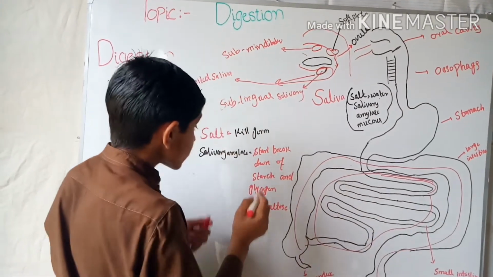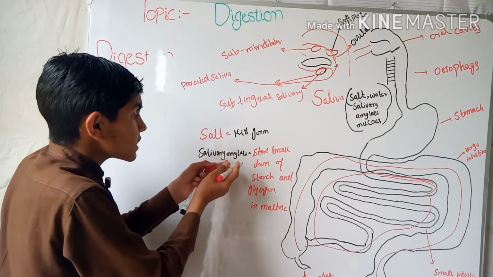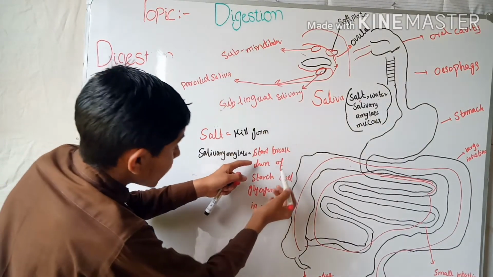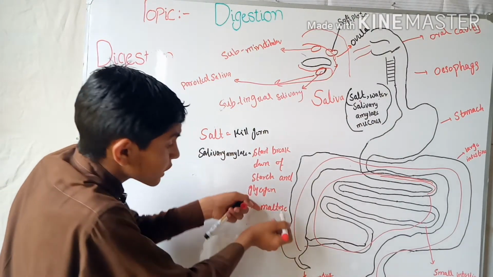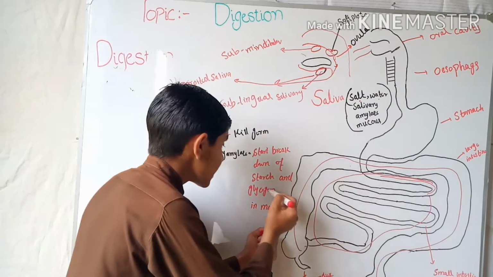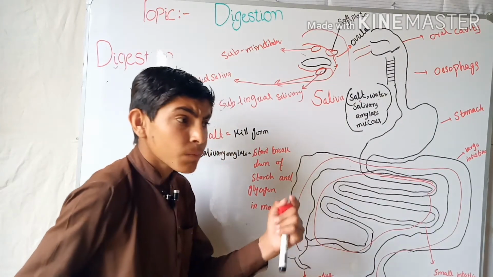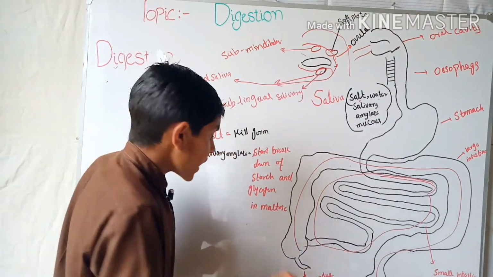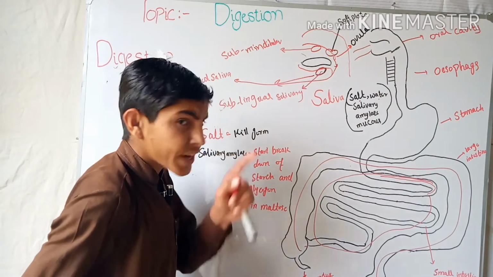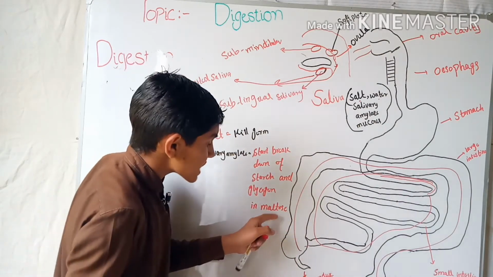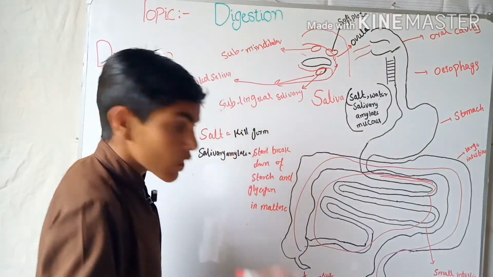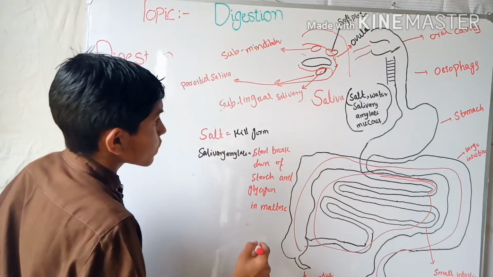So salivary amylase breaks down the starch and glycogen, and maltose, which is an oligosaccharide. Starch is a polysaccharide, glycogen is a disaccharide, and maltose is a monosaccharide. So it converts them into maltose.